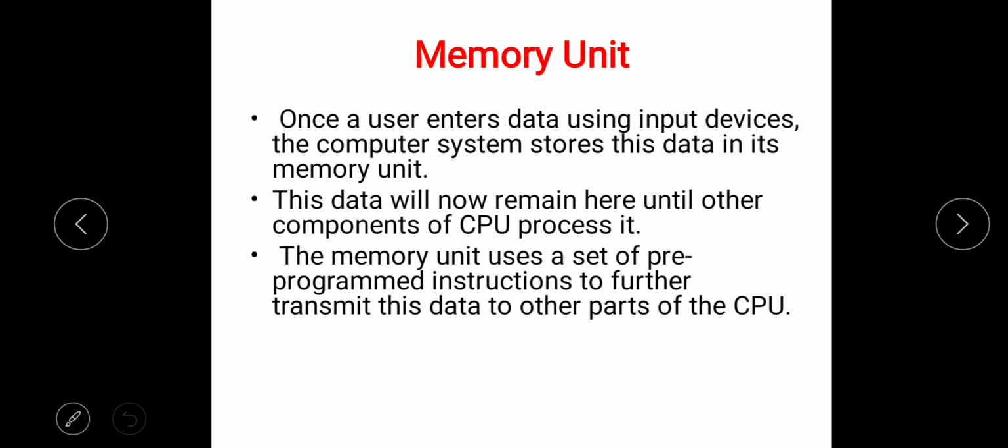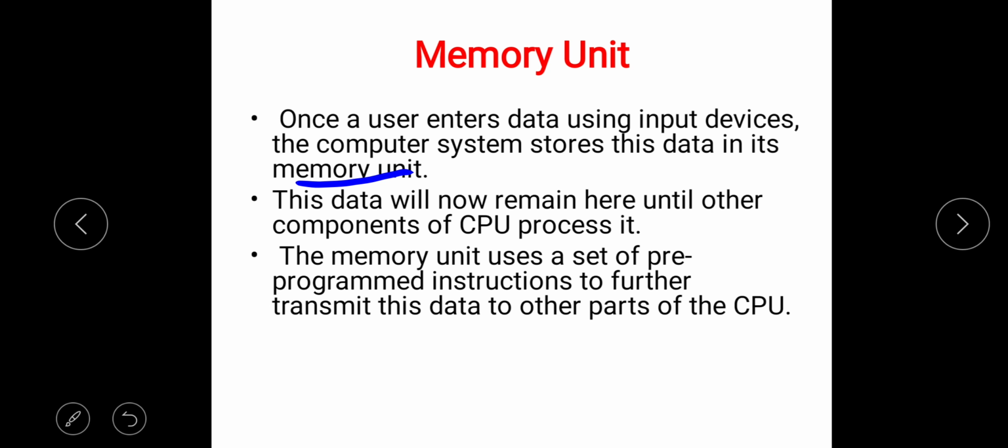Next one, memory unit. As discussed earlier, it is the main component in your system. It enters data using input devices into the computer, and it stores that data in the memory unit. If we are not storing it, we cannot use our data further.